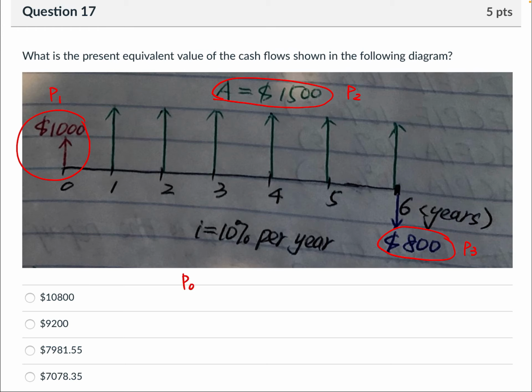So if you're looking for present value, P0 means the value at time 0. It has 3 parts, P1, P2, P3, okay? And P1 is the 1,000, P2 is the annuity of 1,500 per period, and P3 is the negative 800 at the end of the 6th year.